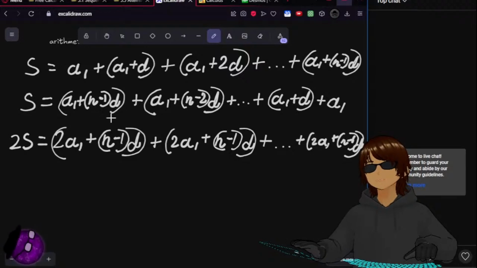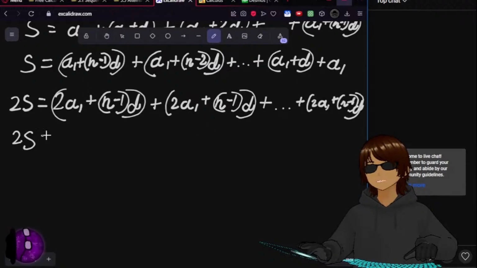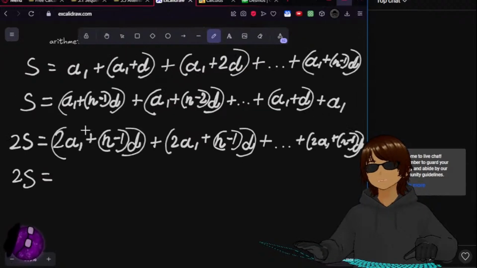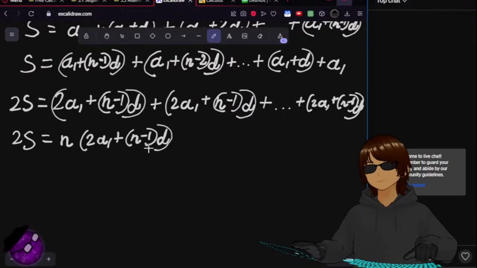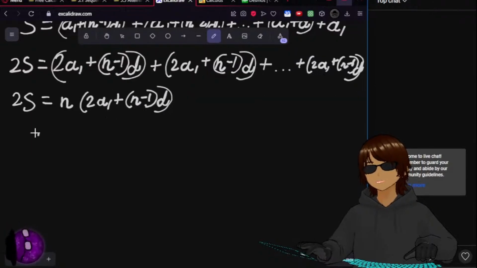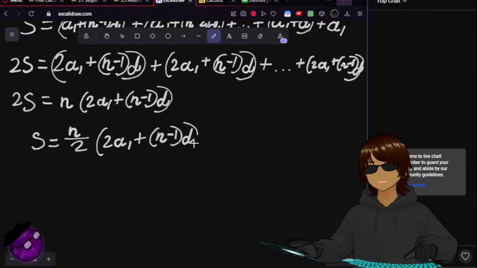If we go to the next term, 1d gets subtracted over here, and over here 1d gets added, so the sum is basically the same. Since there are n terms in total, S is equal to n over 2 times 2 a1 plus n minus 1 d.